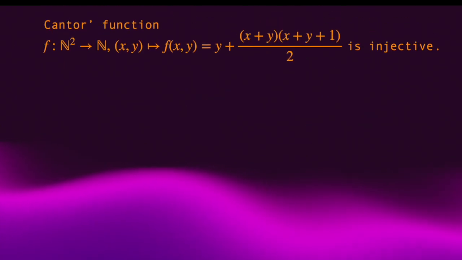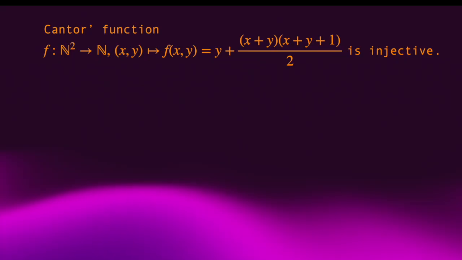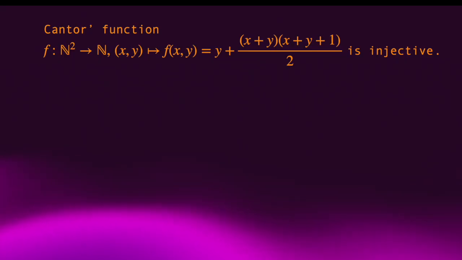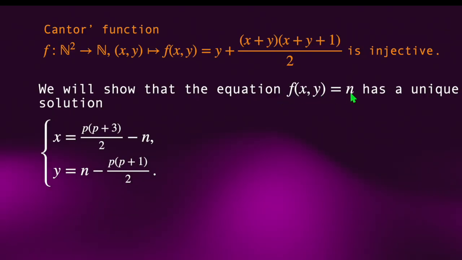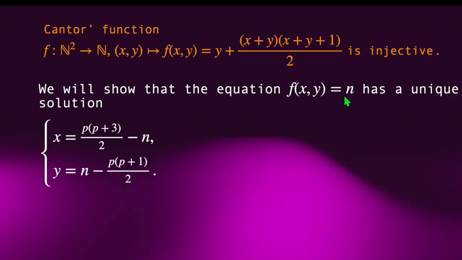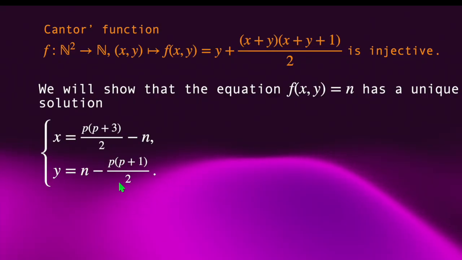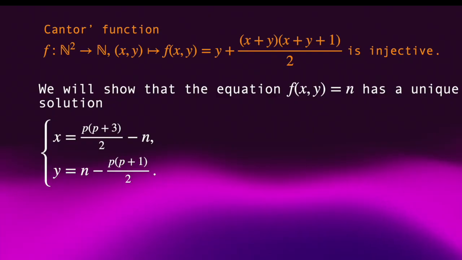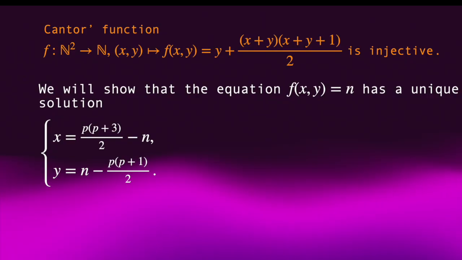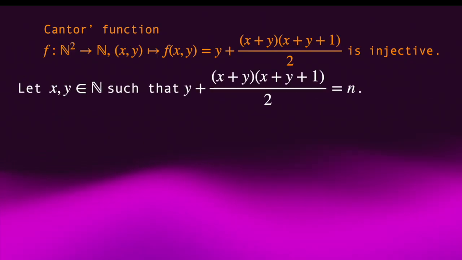Actually, we will show now that Cantor's function is injective, and to do so, we will show that this equation has a unique solution, the solution we have used in the previous proof. So we will show that if we fix n, the solutions (x,y) of this equation are indeed given by this formula, where p is the floor of (−1 + ...)/2, etc. So let's go.